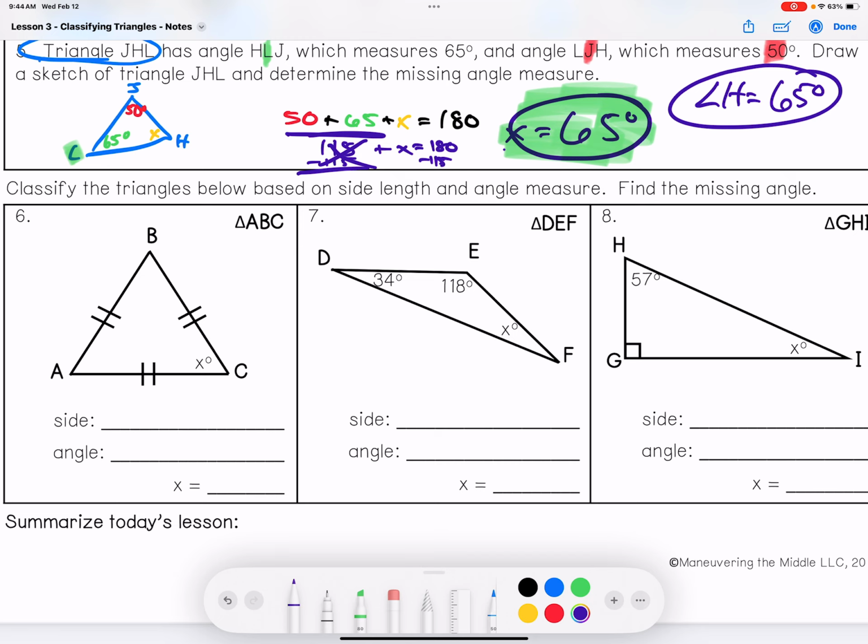All right, classifying triangles. So we're going to have to flip back to the first page to figure out which one. What is it called when all 3 sides are equal? Flip right back over. It's an equilateral.